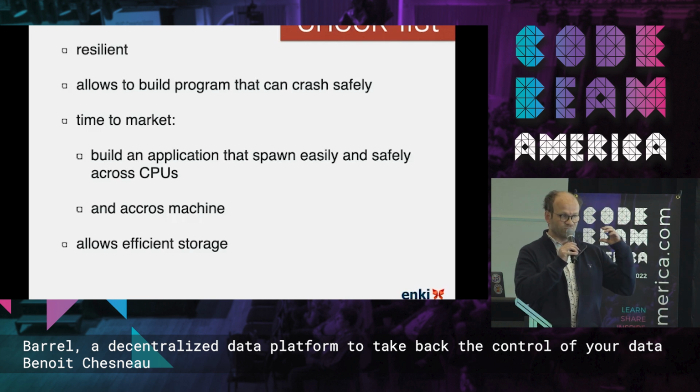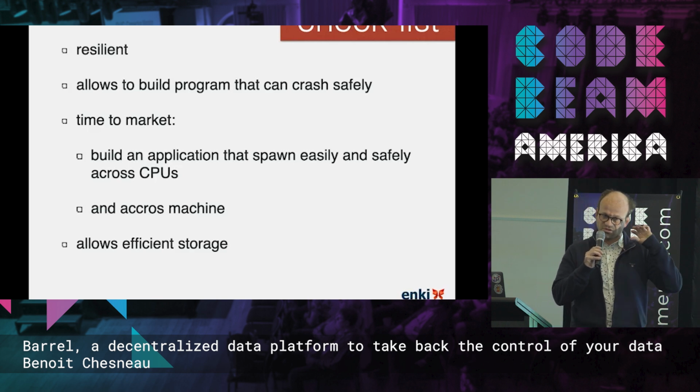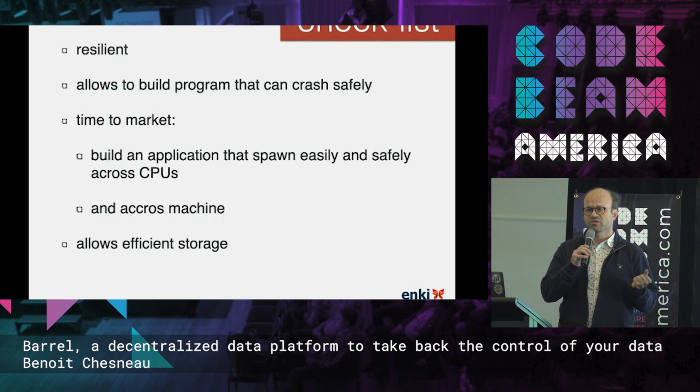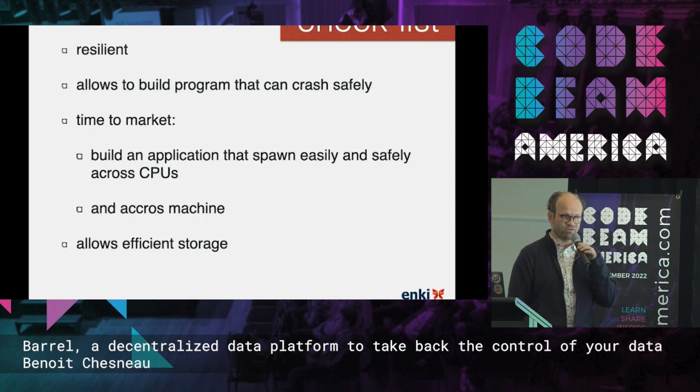So you have to be resilient. You have to ensure that your data won't be compromised, because we are speaking about data. So you want a framework that provides the safety you want in the language, something that offers OTP, Erlang's framework.